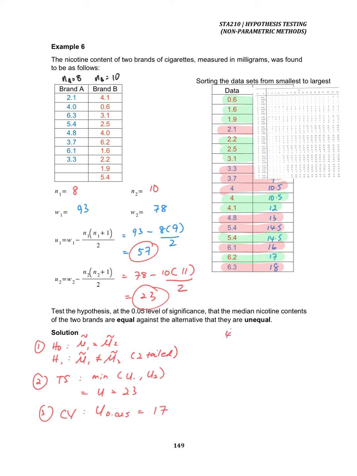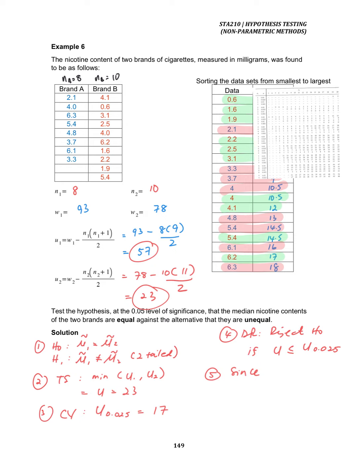Step number 4, decision rule. Reject H0 if U less than or equal to U alpha over 2, U 0.025.